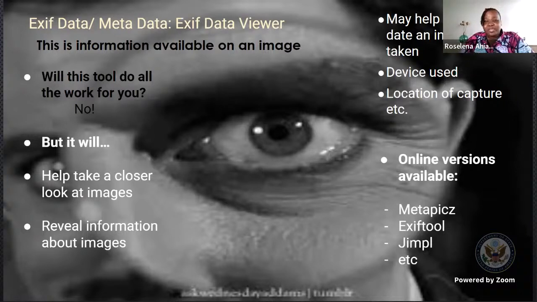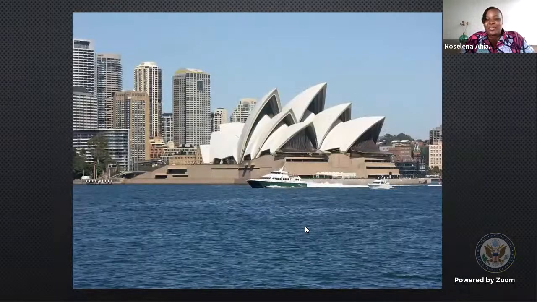And there are various versions of EXIF data viewers online. There are some called MetaPix, EXIF2, Jimpo, etc. Personally, I use the EXIF Viewer Pro, and it's installed on my laptop, so we can run a quick search to see what we find.